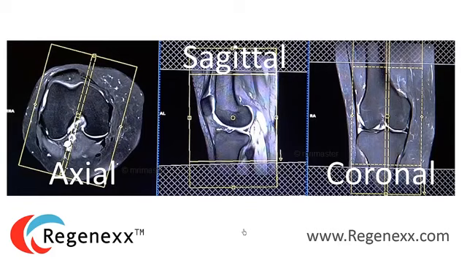So for a knee MRI, an axial view would look like this off to the left here, a sagittal view like this, and a coronal view like that. So again, top down on axial, sagittal from the side, coronal from the front.